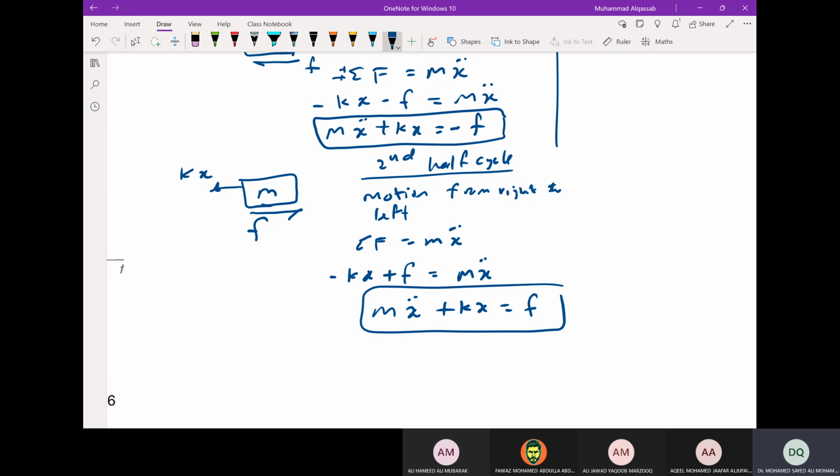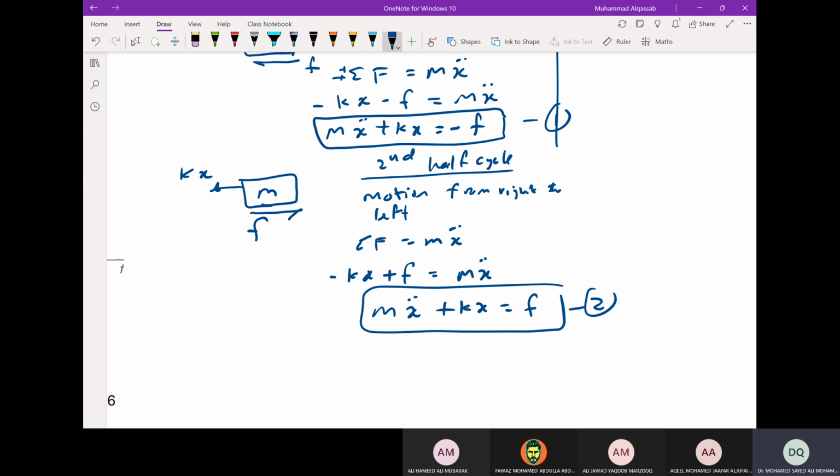about the differential equation. The left-hand side in both of the equations, equation number 1 and number 2, is the same in both equations, mx double dot plus kx.